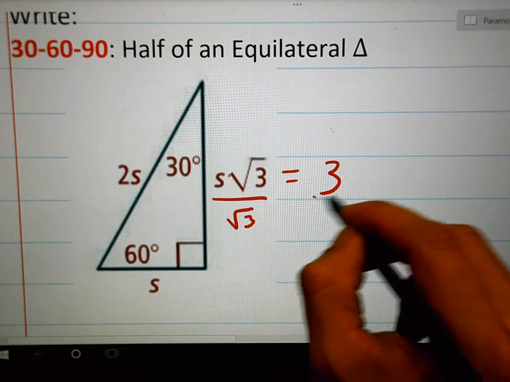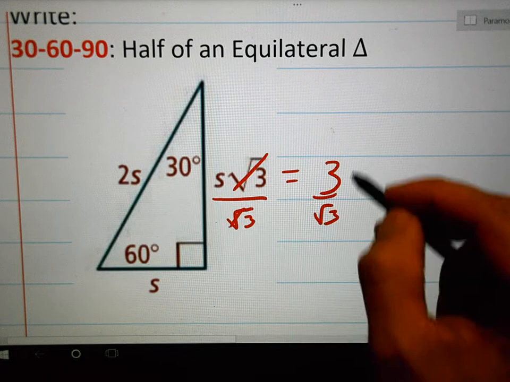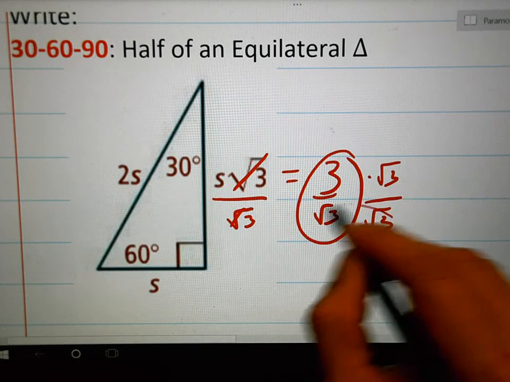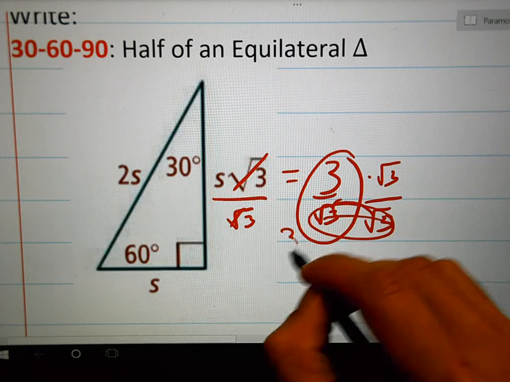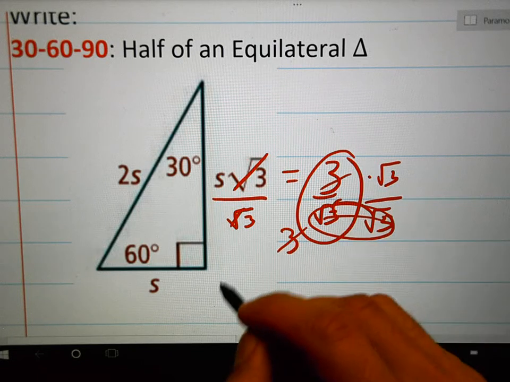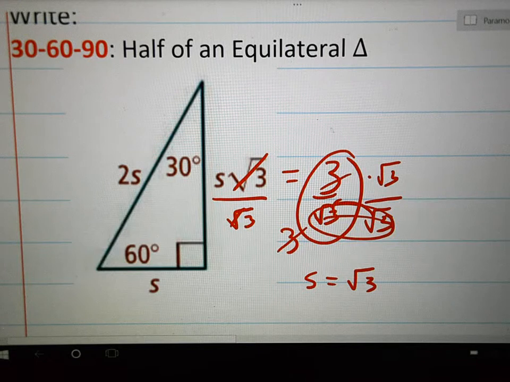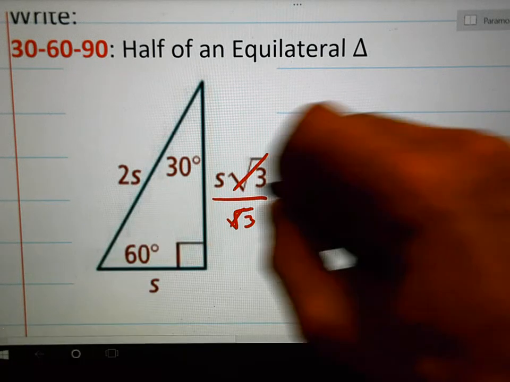You divide by root 3. And then you rationalize this by multiplying by root 3 over root 3, getting a pair, reducing, and knowing that S has to equal root 3. Does that confuse you? We're going to be doing more of those. Those are the harder ones. But that's something I'm going to show you a little bit.